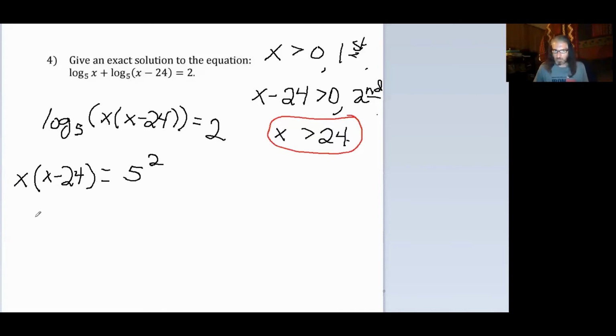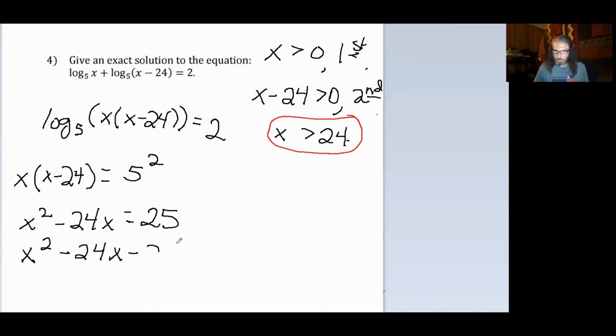On the left-hand side, I'm going to distribute the x. And on the right-hand side, do the arithmetic. Since we have x to the second power, we're dealing with a quadratic equation. And there are a number of ways that this could be solved, but the quickest is going to be to factor.